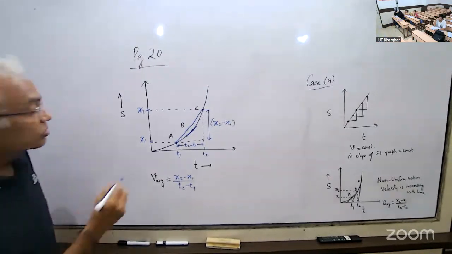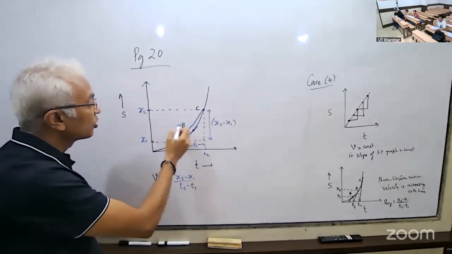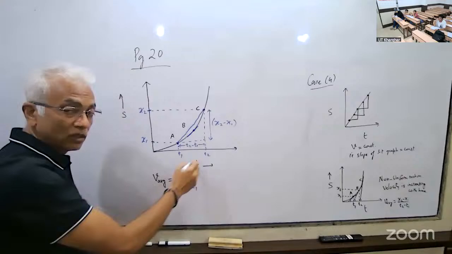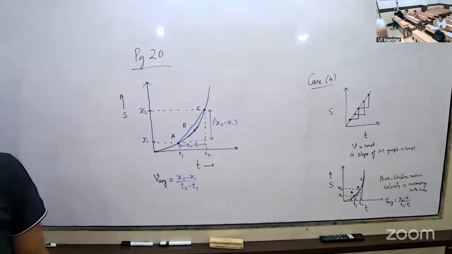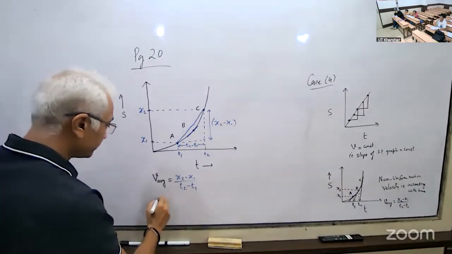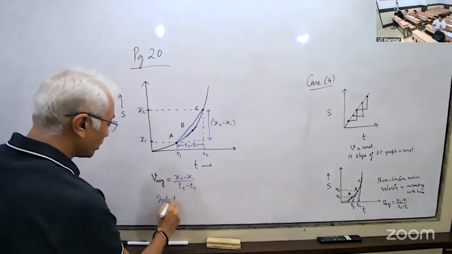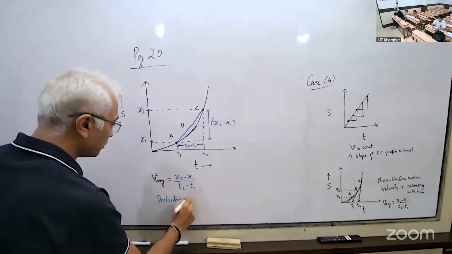Correct? So treating this tangent as a straight line, I will now mark 2 points here. I'll calculate the slope of the tangent. Understood? So instantaneous velocity.